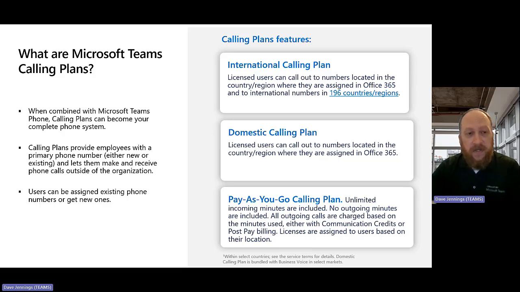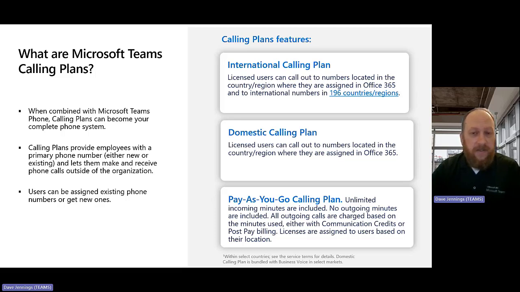But for the focus on calling plans specifically, what's really an appealing option for many of our customers is the simplification of the Teams admin center. And again, we'll go through some other scenarios on how that compares to direct routing and Operator Connect to follow.